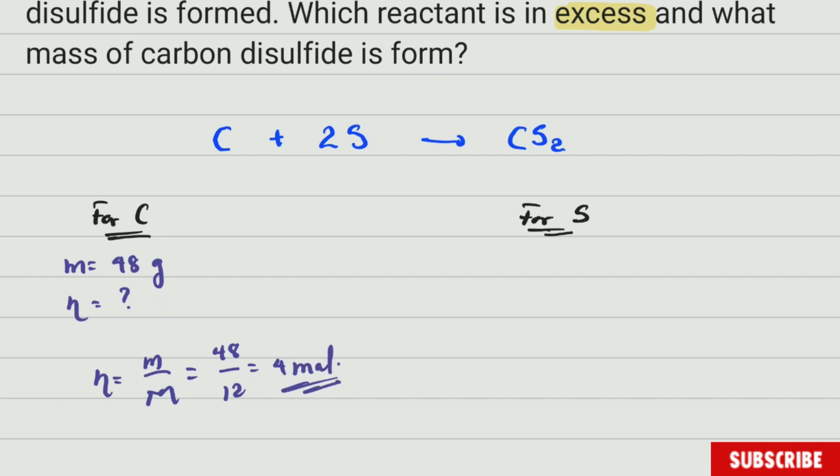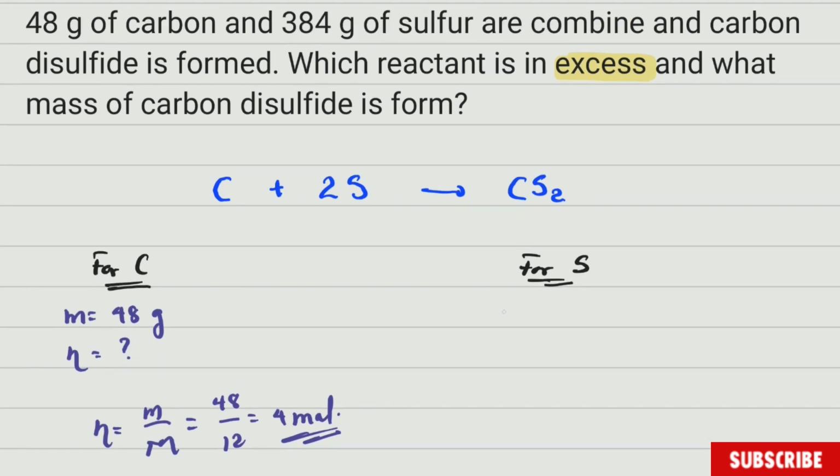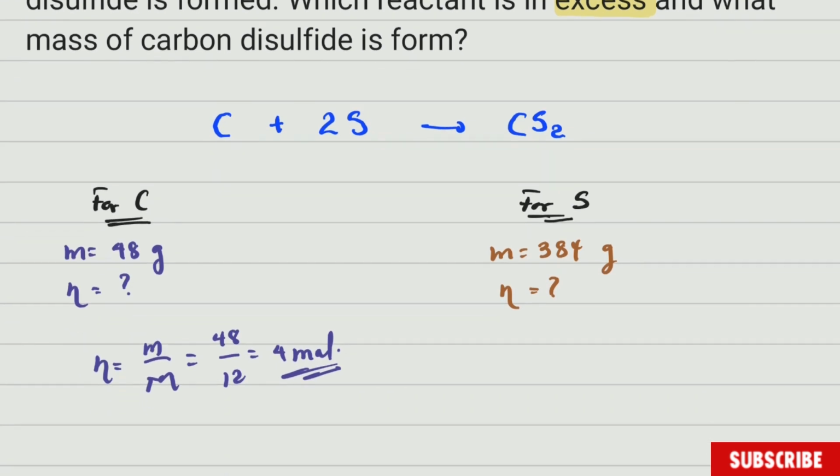Very easy. Now for sulfur, according to the data, the mass is equal to 384. It's quite a large mass compared to the mass of carbon. And then you have to calculate the number of moles. We're using the same formula.